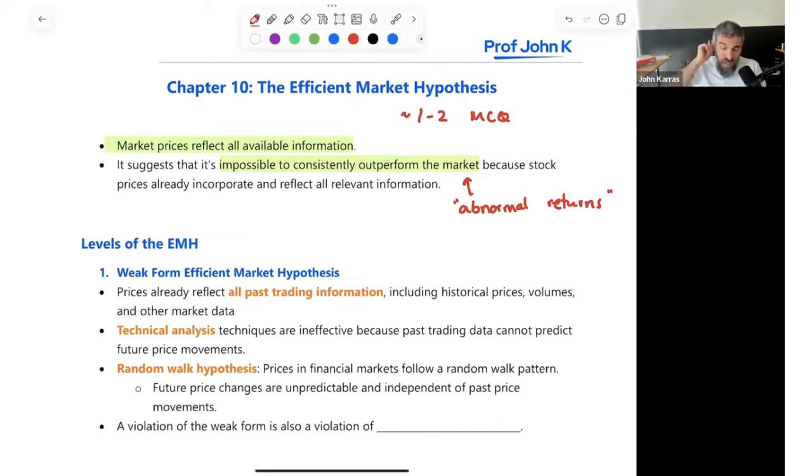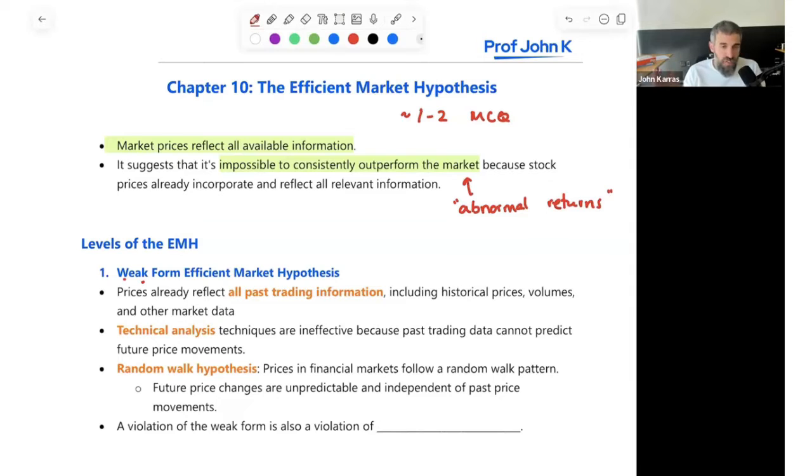That's the hypothesis. Now, within that, there are three levels because, think of this as a set of beliefs, right? It's not set in stone. So different people have different beliefs when it comes to the efficiency of the market, and then they make their decisions according to that. For example, I might believe in the weak form efficient market hypothesis.